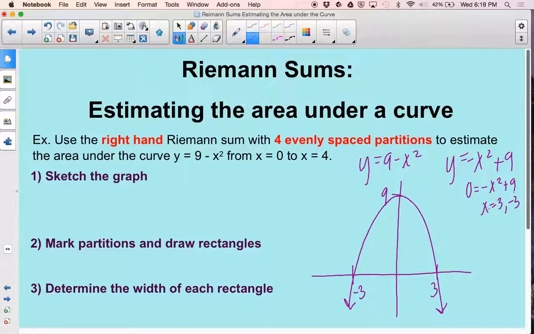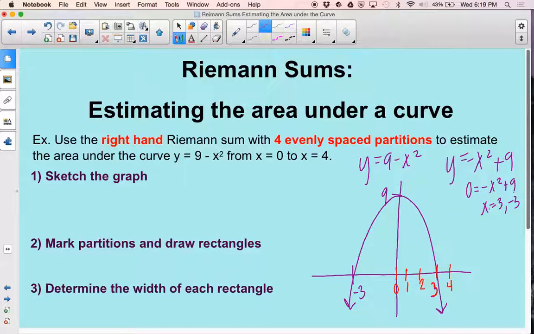Now I sketched the graph. Step 2, mark partitions and draw rectangles. So marking my partitions, I'm going from 0, 1, 2, 3, 4. There's my 4 spaces, and it goes from 0 to 4, so I'm all set.